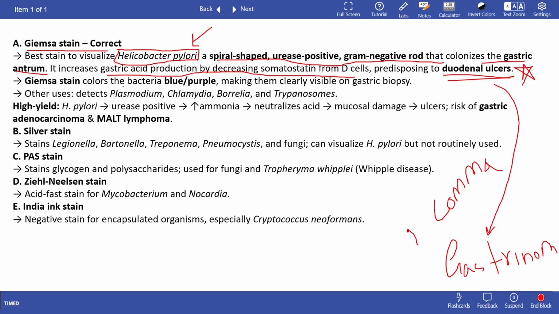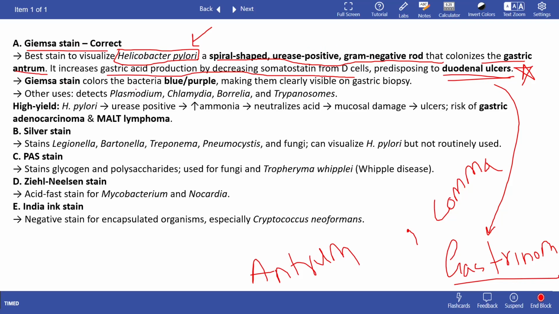The main site of ulcers primarily caused by H. pylori is basically the antrum, but you can get them anywhere, and you can get them in the duodenum. So duodenal ulcers are classically associated with H. pylori, but you must remember that duodenal ulcers are also related to gastrinoma.